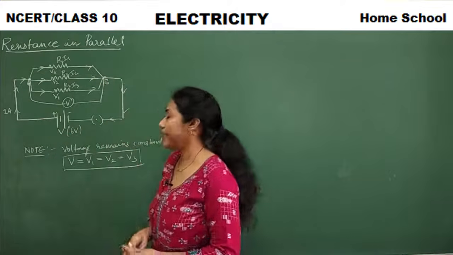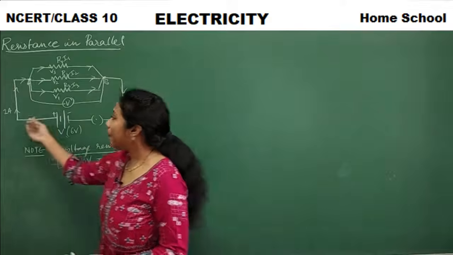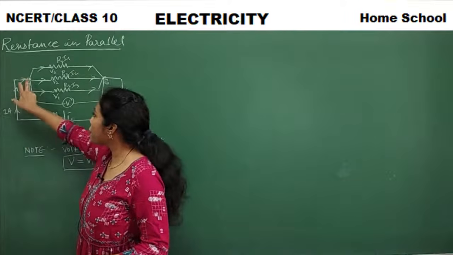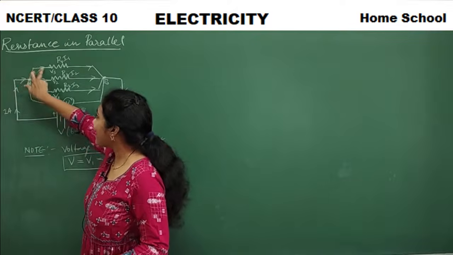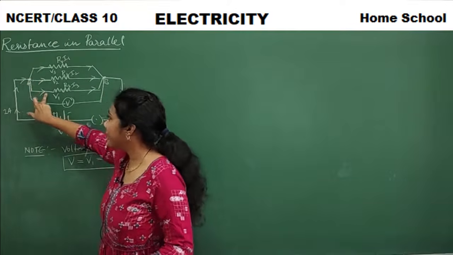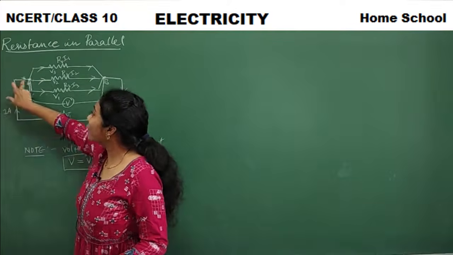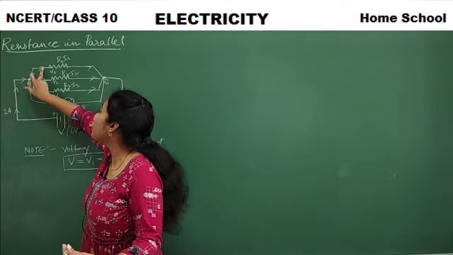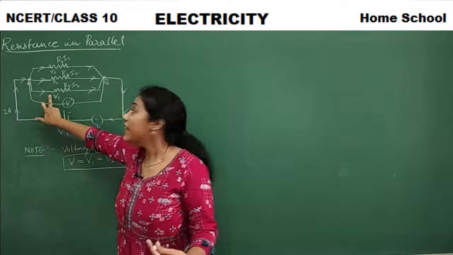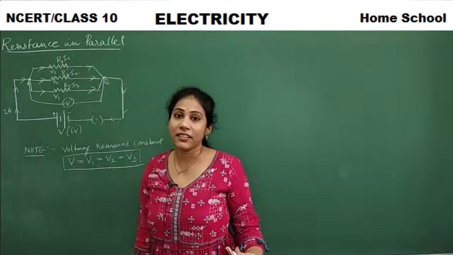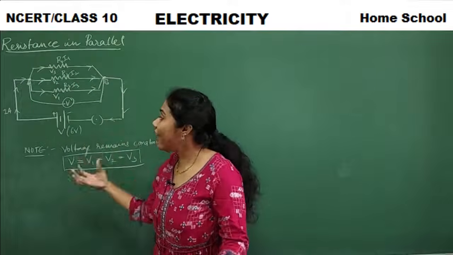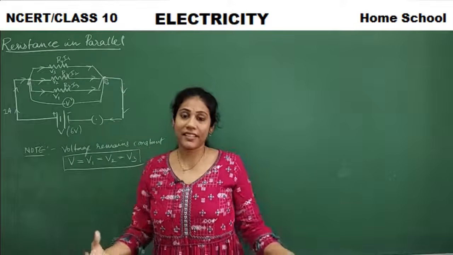What will happen for the current when it flows to this point, and from this point the wires are actually divided? Current will not flow the same to all the 3 resistors. Current flow is different in different resistors. Here the I values are different, guys.